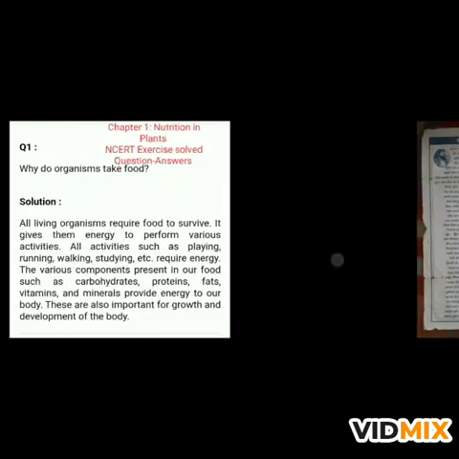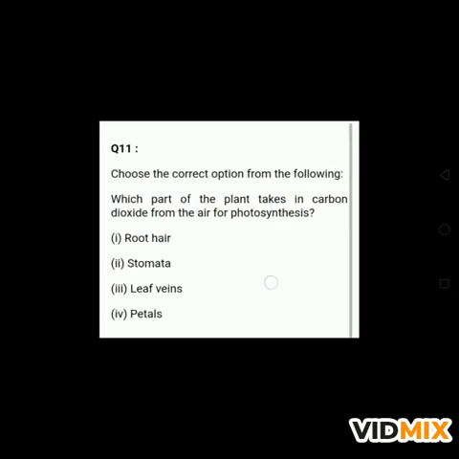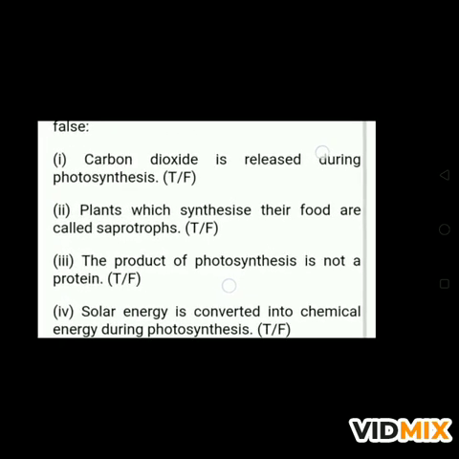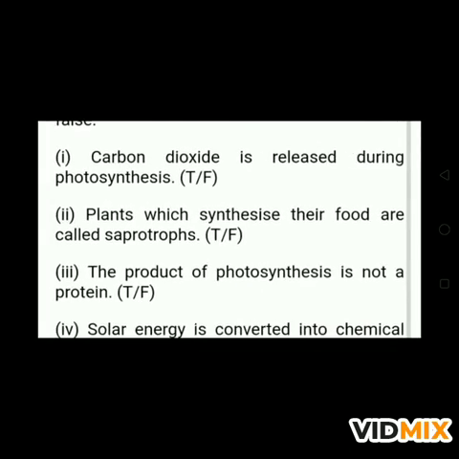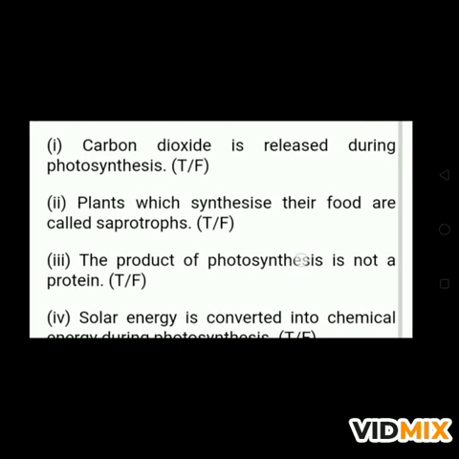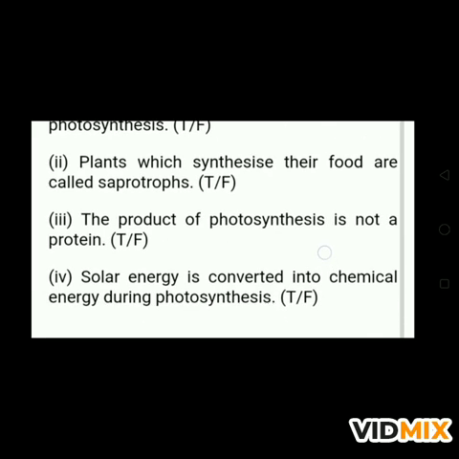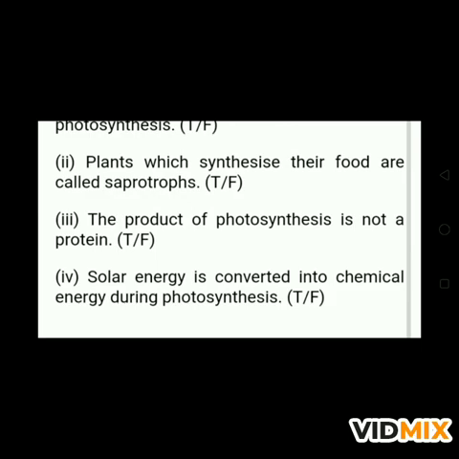Moving on to question number 10, that is mark T if the statement is true and F if it is false. First one is carbon dioxide is released during photosynthesis. So the answer is false. Which gas is released? Oxygen is released during photosynthesis while carbon dioxide is absorbed. Second one is plants which synthesize their food are called saprotrophs.